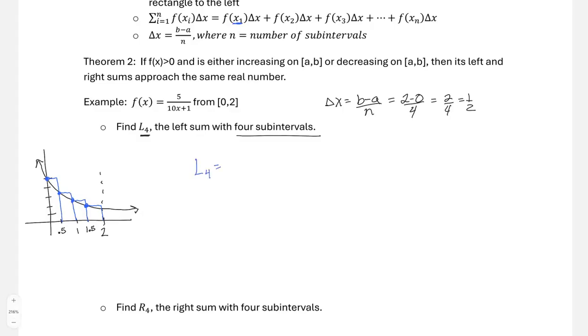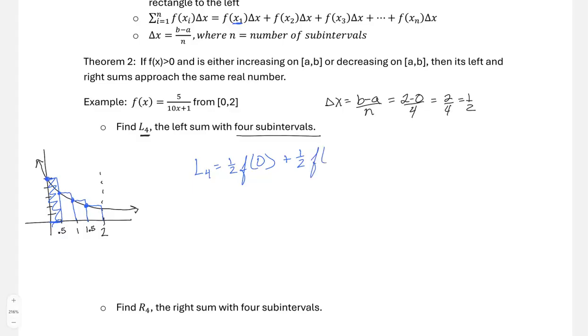L4, I'm going to find the area of each rectangle. So for that first one, the base is 1/2 a unit wide. And to find the height, I'm going to figure out what the function value is at 0. That's the left endpoint in that first interval. So that's going to take care of that first rectangle here. And then we're going to do the same thing for the second rectangle.